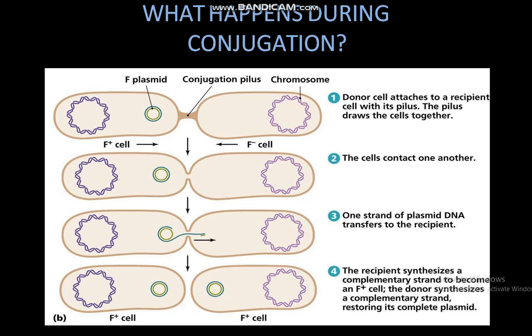The donor synthesizes a complementary strand, restoring its complete plasmid. So what happened in the third step? A single strand of plasmid DNA was transferred to the other side, and then in the next step both cells became F positive, as in the donor the plasmid was restored completely.